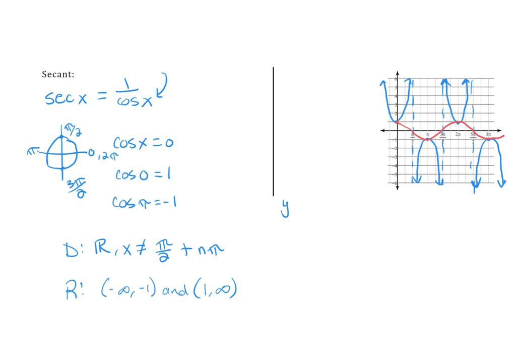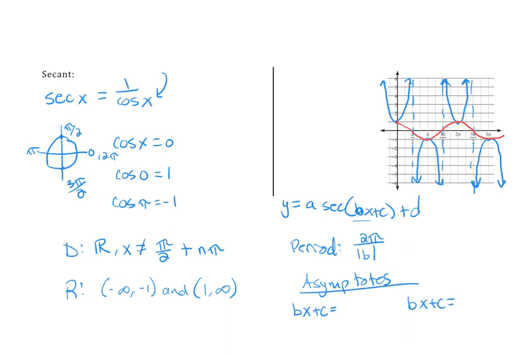And following the same theme, we can have transformations of this, same as all the other trig functions. bx plus c. So in this one, the period is 2 pi divided by b, and then the asymptotes. If there's a phase shift, to find the new asymptotes, it's that bx plus c set it equal to -pi over 2 and 3 pi over 2.